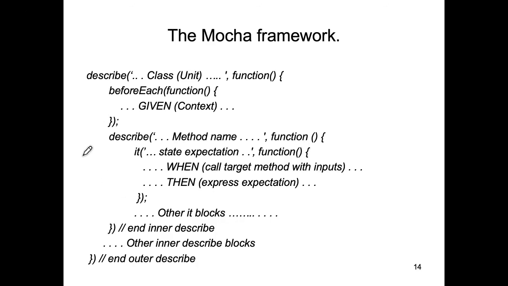And assuming that the class has many methods, then we're going to have another one of these describe blocks down here, and many of them. The syntax is quite clumsy initially, but you just get used to it. It's this idea of having functions buried inside, in lots of places.